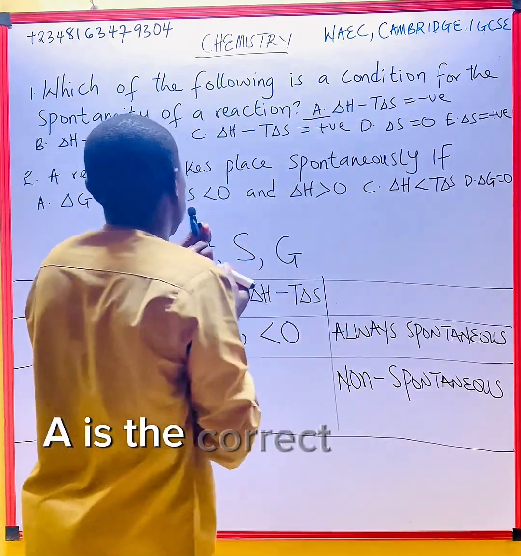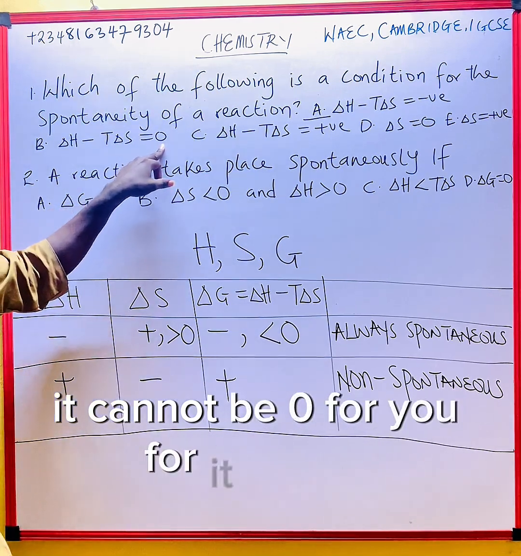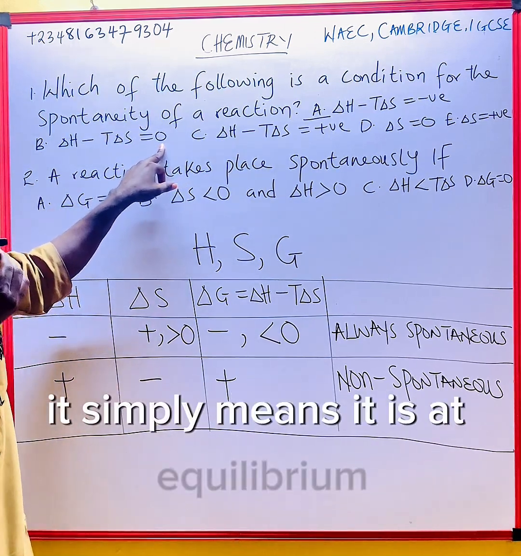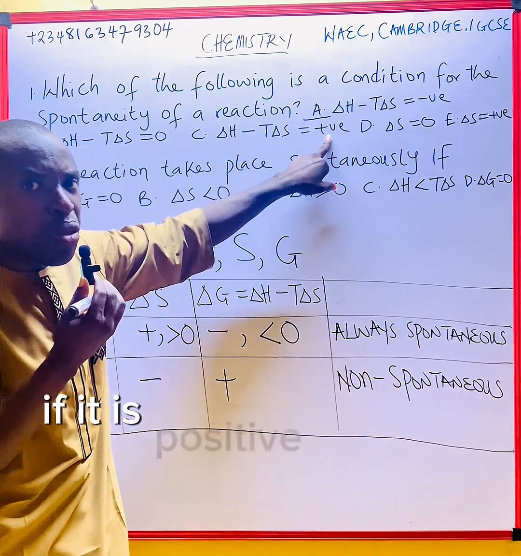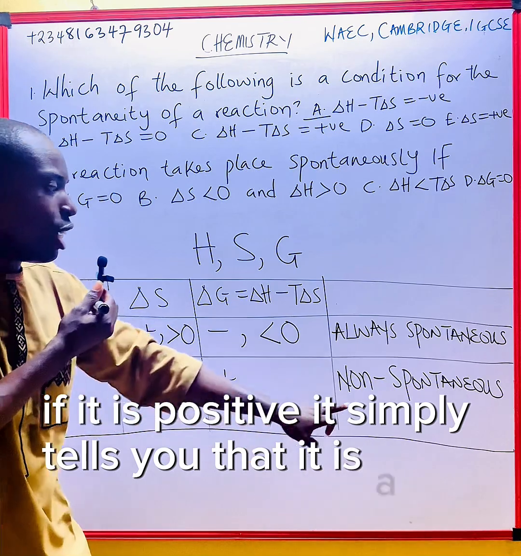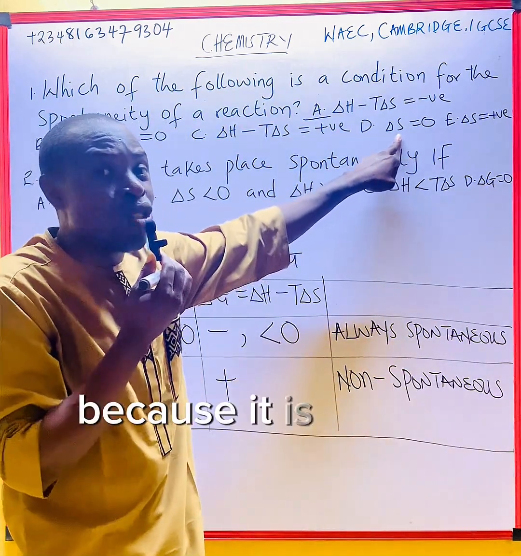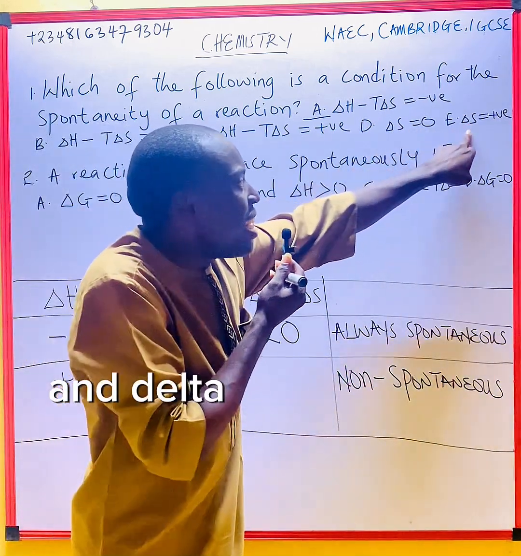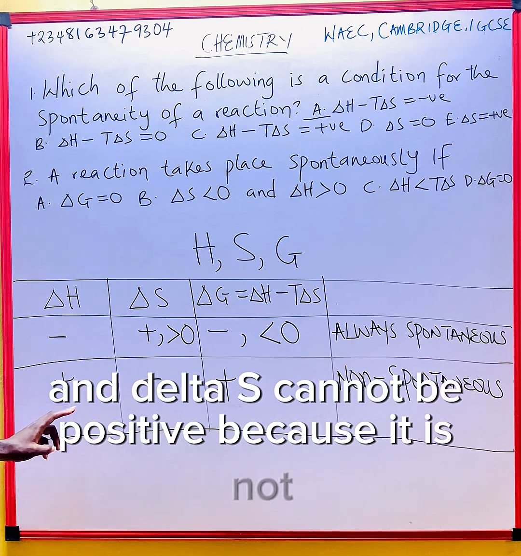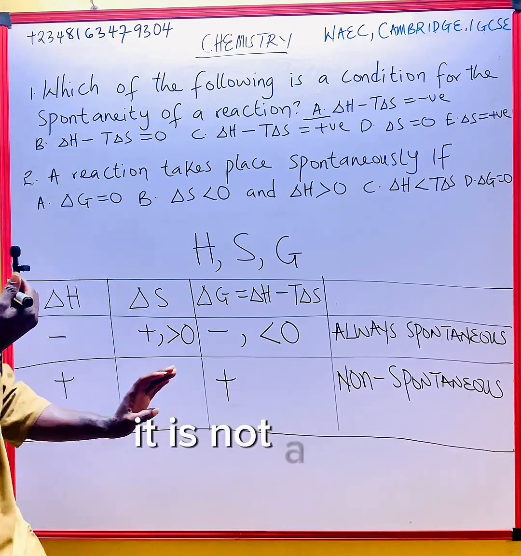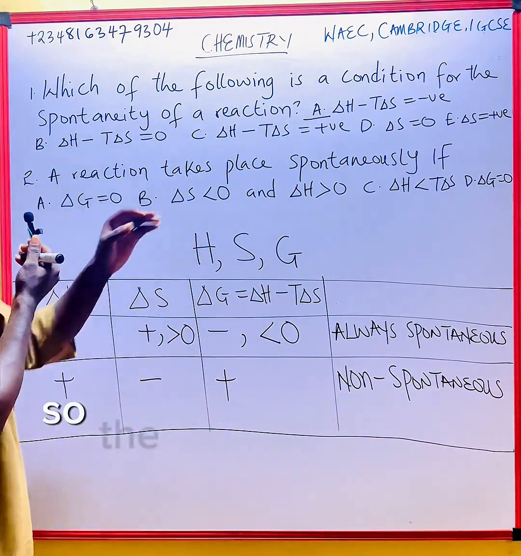A is the correct answer. It cannot be 0. For it to be 0, it simply means it is at equilibrium. Is that clear? Delta G cannot be positive. If it is positive, it simply tells you that it is a non-spontaneous reaction. Delta S cannot be equal to 0 because it is not at equilibrium. And delta S cannot be positive because it is not a non-spontaneous reaction that you are looking for. So the answer is A.